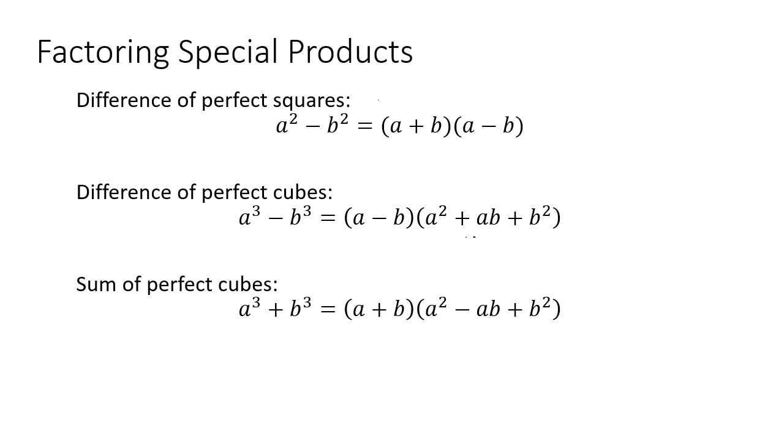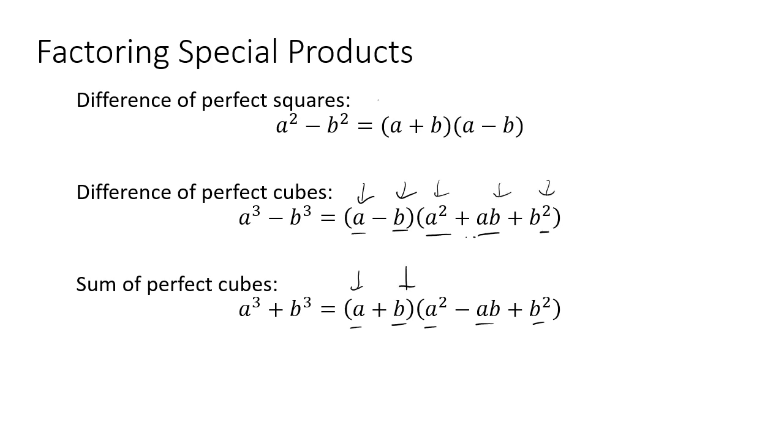We've also got formulas for both the difference and the sum of perfect cubes. And these formulas are a little bit messier, so I'm going to explain to you the way I remember them. The first is that you'll notice that the pattern of the a's and b's are the same in both formulas. It goes a, b in parentheses, then it's a squared, ab, b squared.